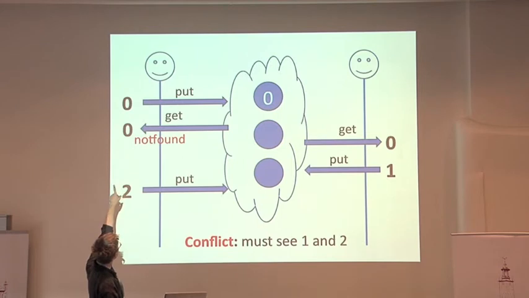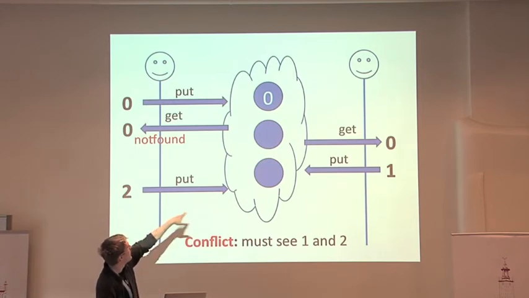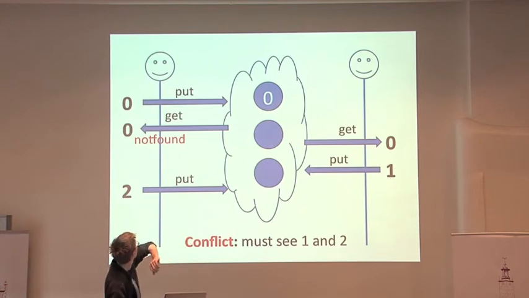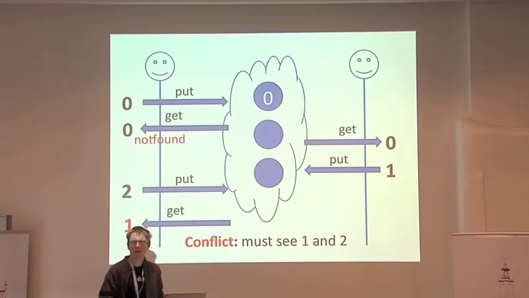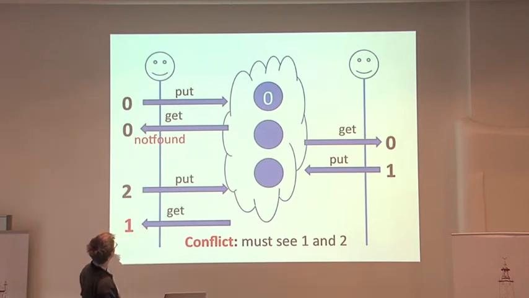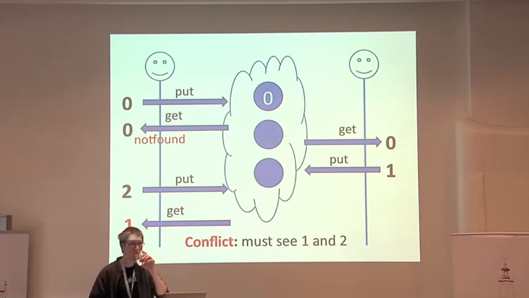So this guy gets not found instead of 0. And then in the rest, all other nodes are up. So you do a get, it gets 0, it puts 1, this one puts 2. And then we do the get in the end, and then we only see 1. Huh. That's weird.